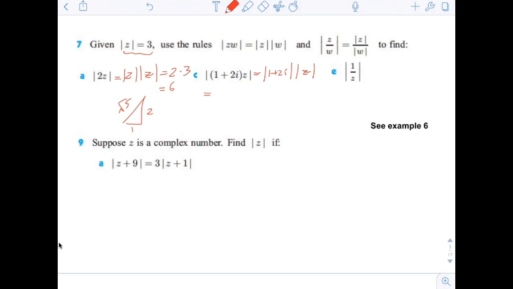So square root of 5 times the modulus of z, which is 3. E. The modulus of 1 over z is equal to the modulus of 1 divided by the modulus of z. The modulus of 1 is 1. The modulus of z is 3, so 1/3.